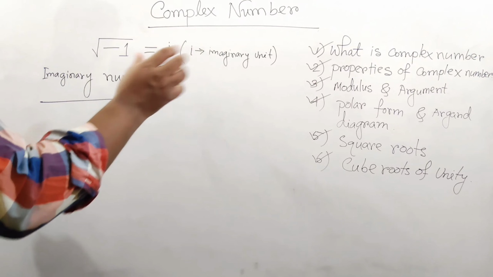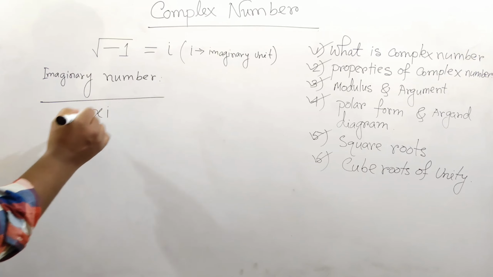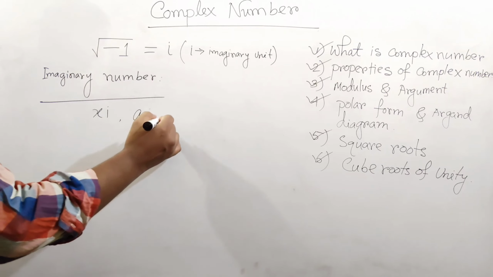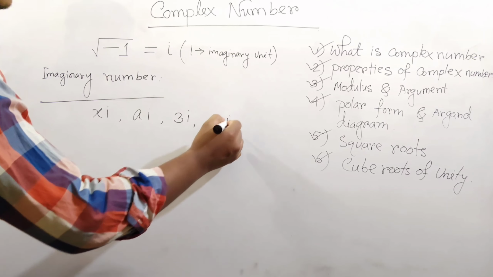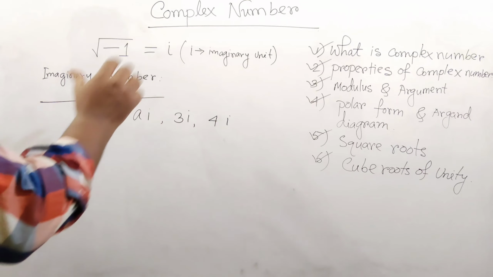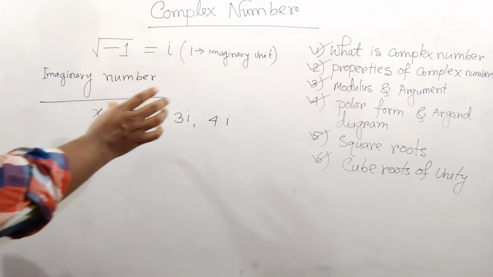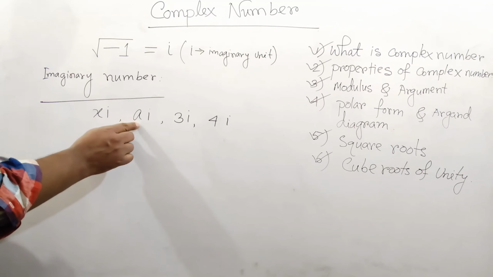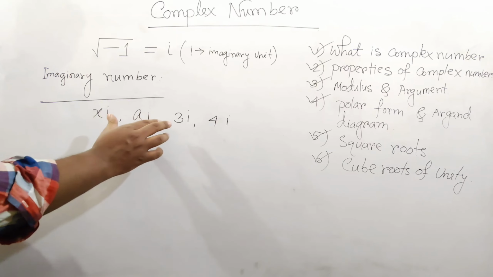For example, x multiplied by i, that is xi, or a multiplied by i, that is ai, or specifically 3i, 4i. These are imaginary numbers. That means the product of any real number and the imaginary unit i is called an imaginary number. Here x and a could be any value, that's why in general it is written xi or ai.